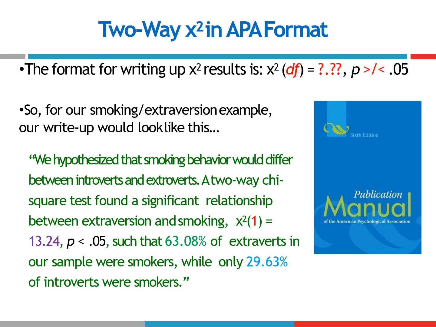And then finally you're going to report your percentages, right? So because we're dealing with categorical variables, we would report percentages, but if we were doing a different test and we were looking at continuous variables, we would report the mean and standard deviation. Okay.